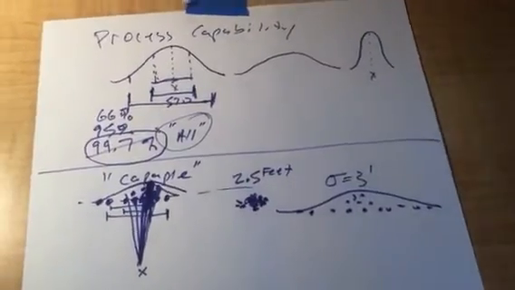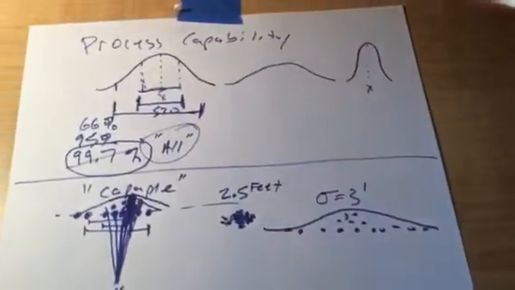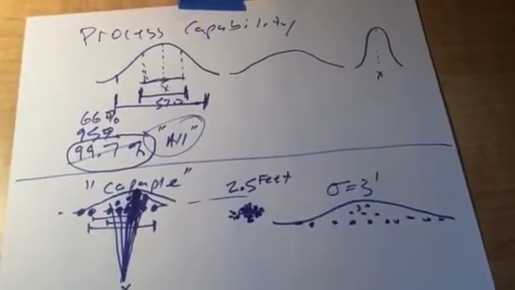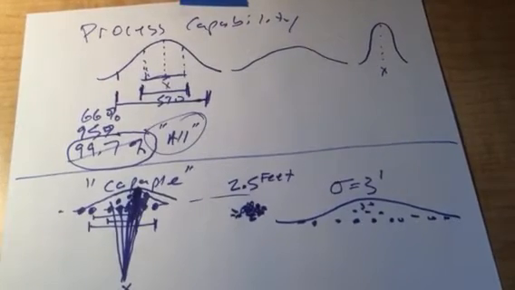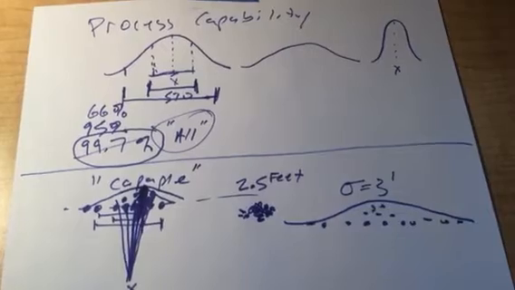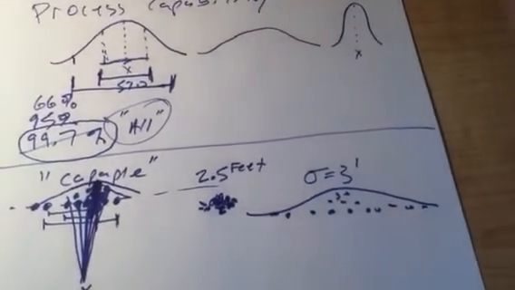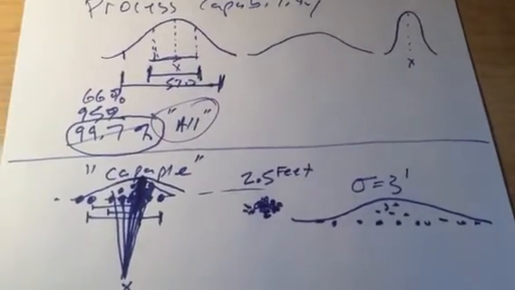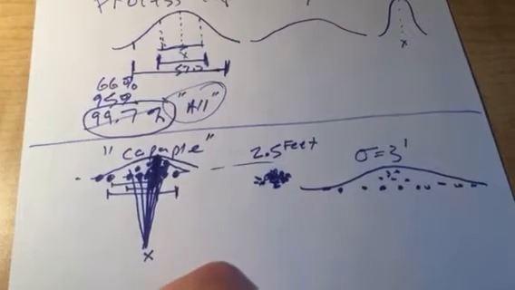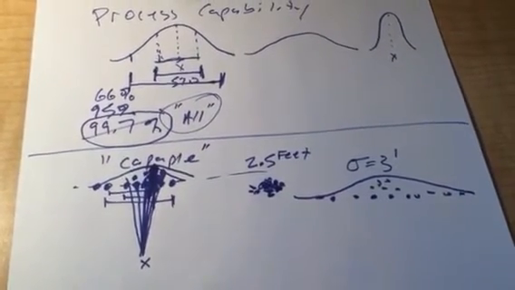But let's try to quantify that idea a little bit more, because we know what the target looks like. In football, the uprights are about 18 feet apart from each other, so the target is 18 feet wide.